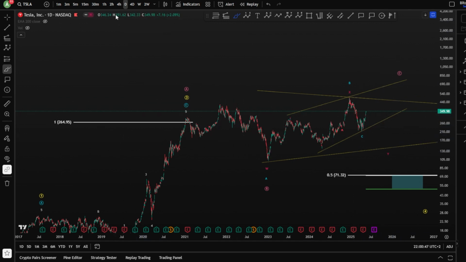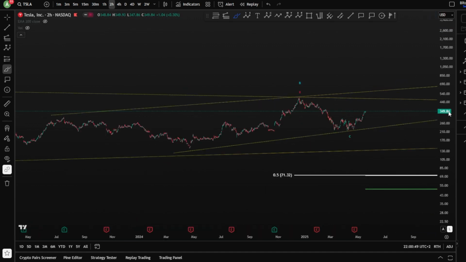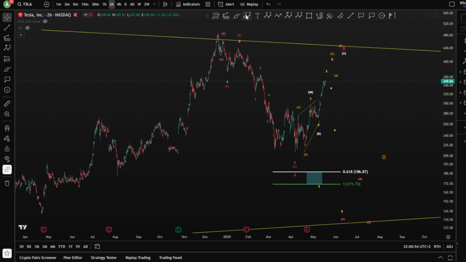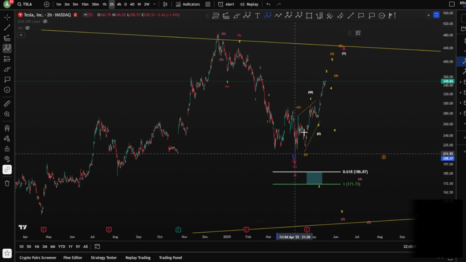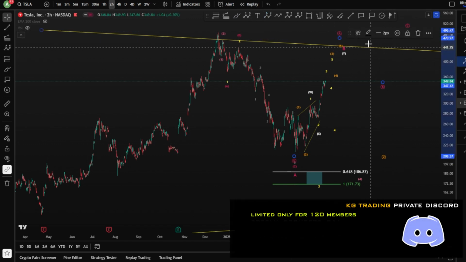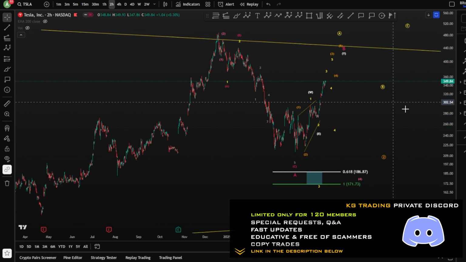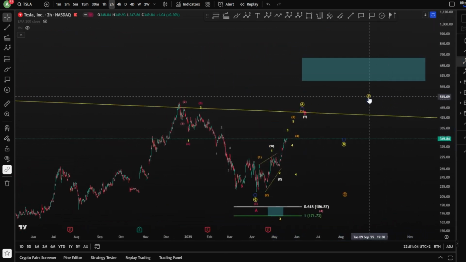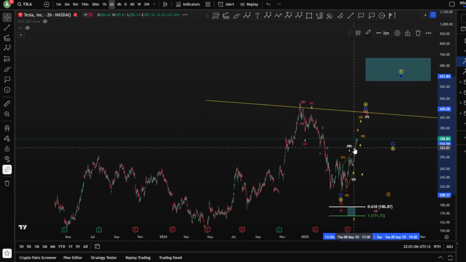Yep, so back to the 2 hour chart, just to label our ABC here as well. So you might have an A, a B, and a C. We're going to put this in yellow. All right, so basically this is our zigzag for potentially a diagonal.